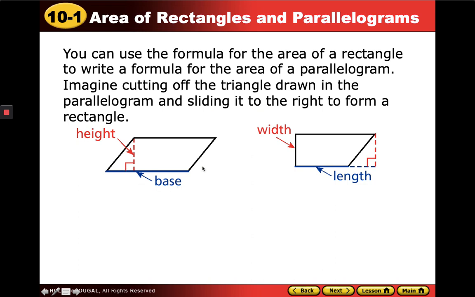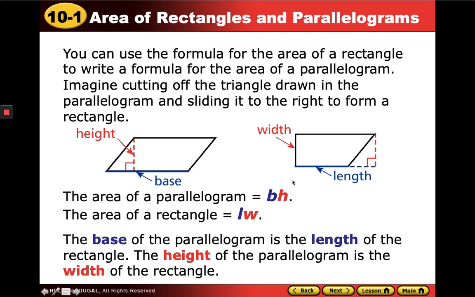Yep, we are, but you're moving it over here. So that length here for the base is going to be the same as that length. So you can use the same formula, except for a parallelogram they call it the area of the base, the flat bottom part, times the height. Notice the height is the perpendicular straight up and down height. It's not this little angle height. It's a straight up and down.